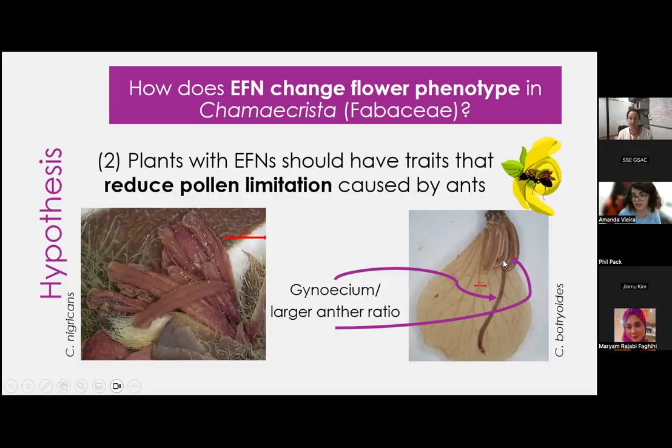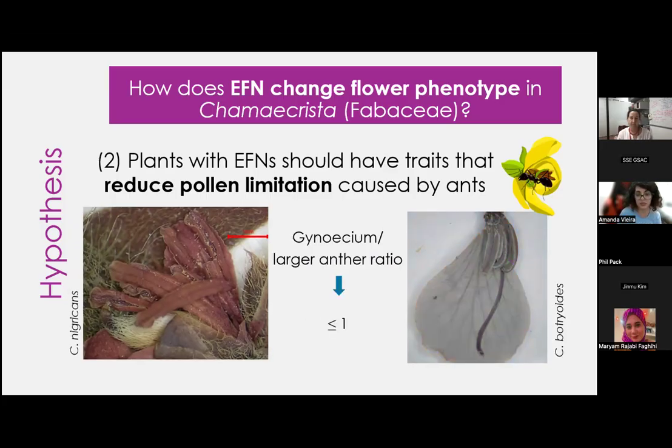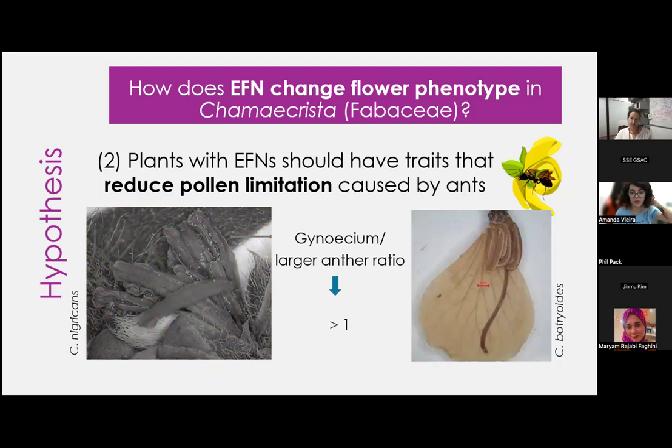So in this case, this stigma probably will not receive self-pollen. So this is the proxy we were thinking about for compatibility. So we are thinking about calculating this ratio. If this ratio is lower than 1, we might have plants that are self-compatible. And if this ratio is larger than 1, we might have plants that are not self-compatible.